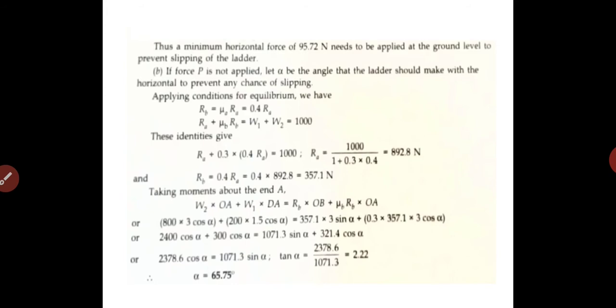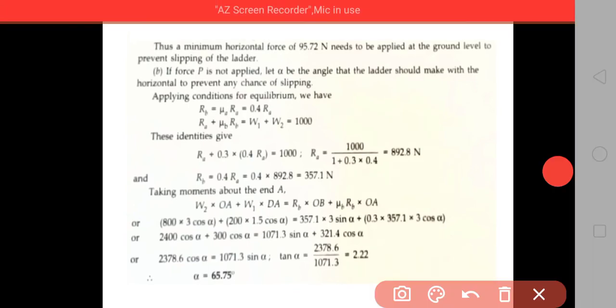Thus, a minimum horizontal force of 95.70 Newton needs to be applied at the ground level to prevent slipping of the ladder. If force P is not applied, let alpha be the angle that the ladder should make with the horizontal to prevent the chances of slipping.